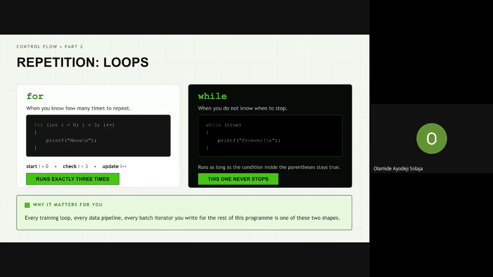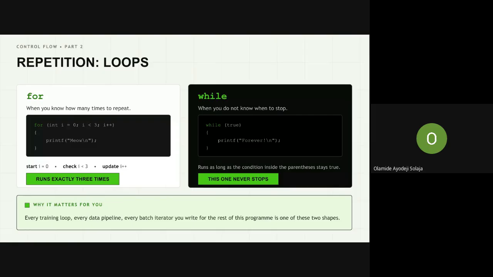So if you look at the body of the code, it says printf meow, just like the sound of a cat, meow, 3 times. The condition is that i is less than 3.